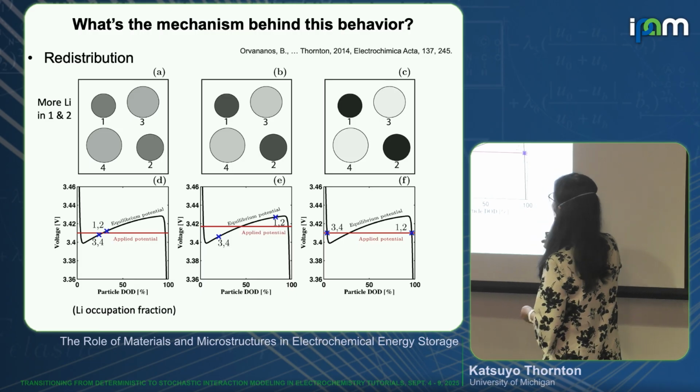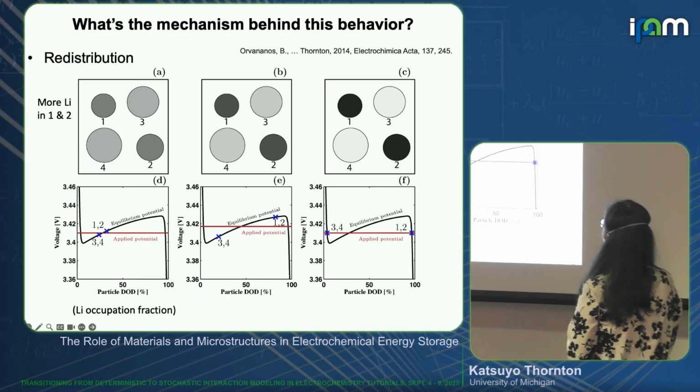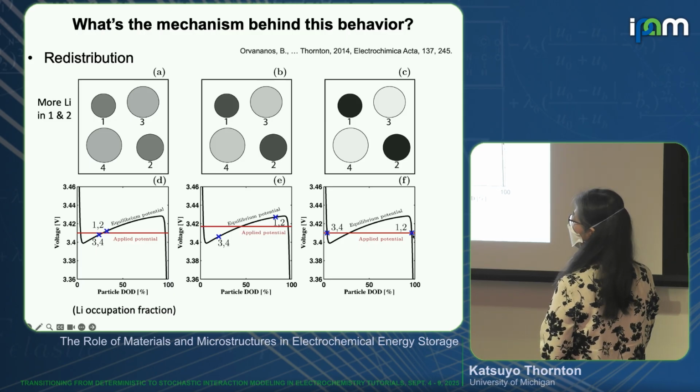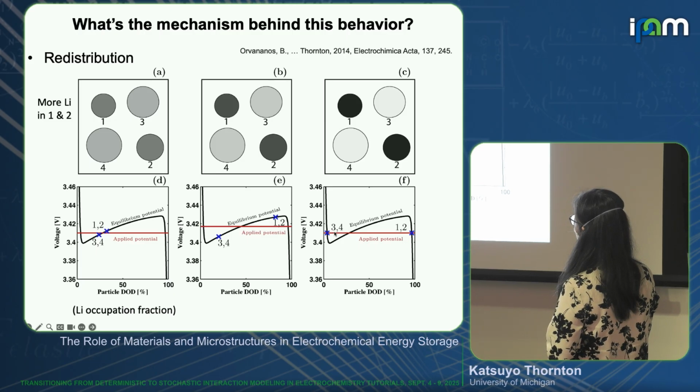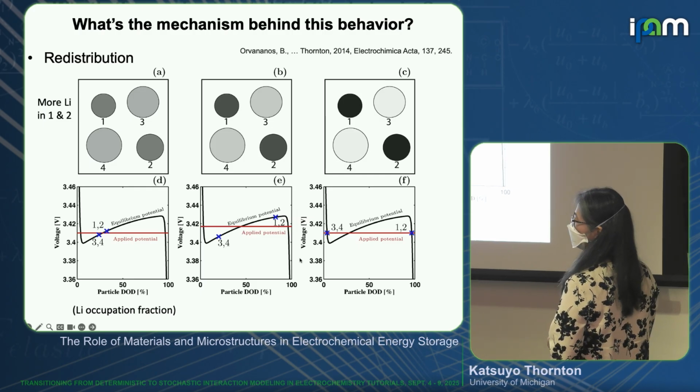It's going to keep going until 1 and 2 hit the point where the applied potential is equal to their equilibrium potential, and then 3 and 4 go to the other side and also reach the equilibrium potential.